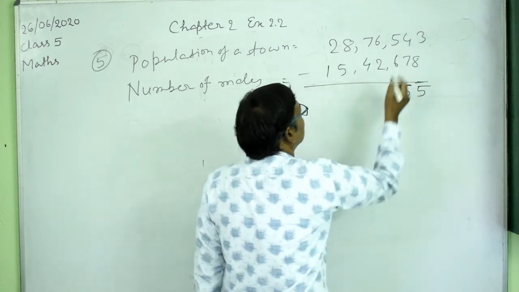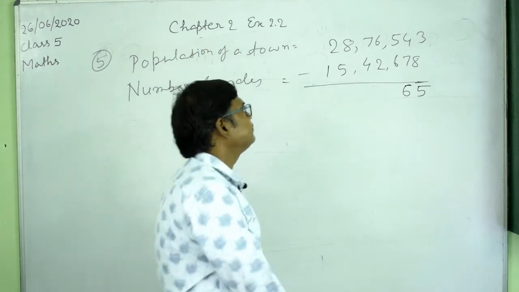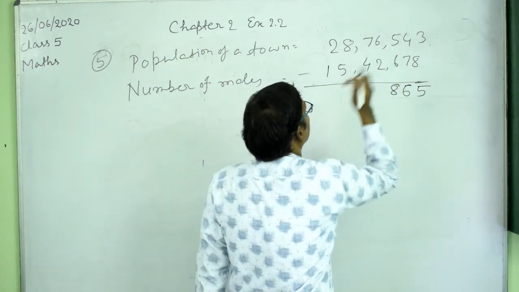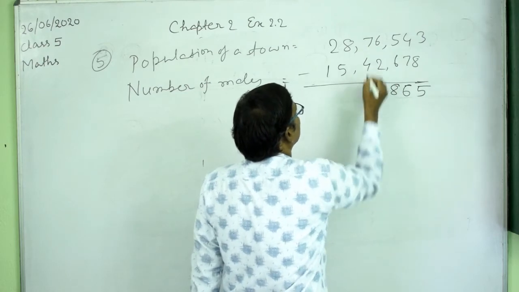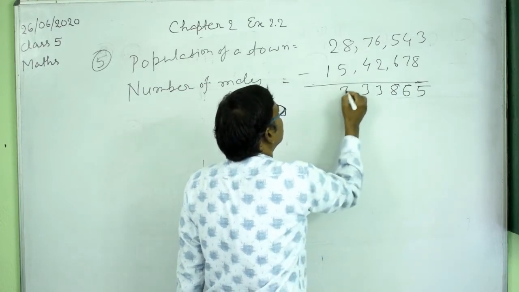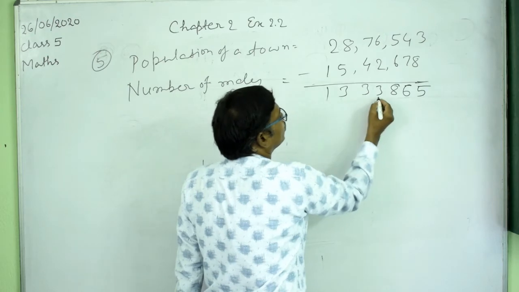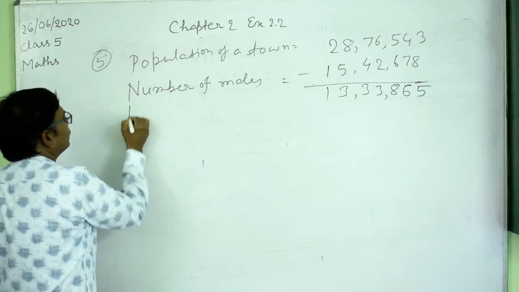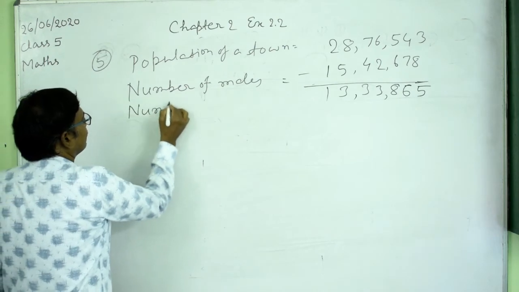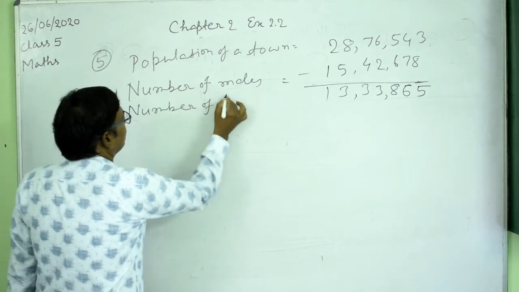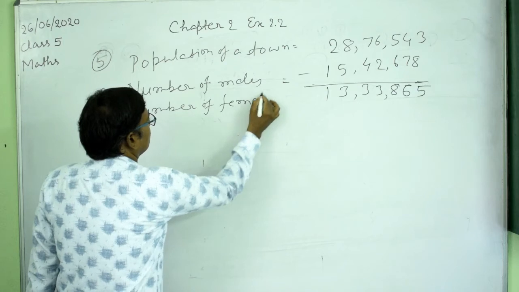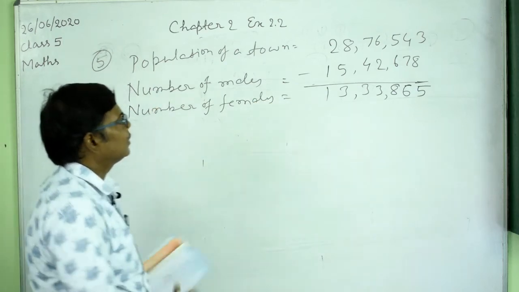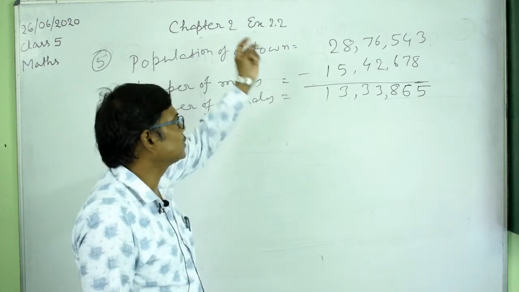Then here it will be 14, so it will be 8, and here you will have 5, that is 3, and 7 minus 4 is 3, 8 minus 5 is 3, and 2 minus 1 is 1. So this is the answer, the number of females equal to 13,33,865.